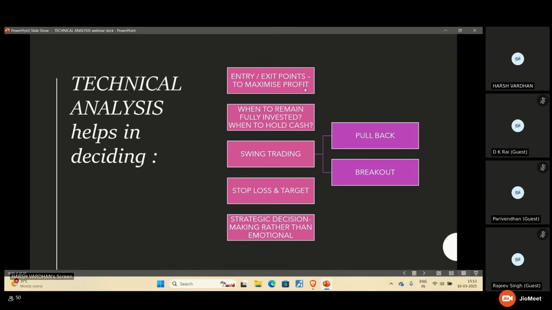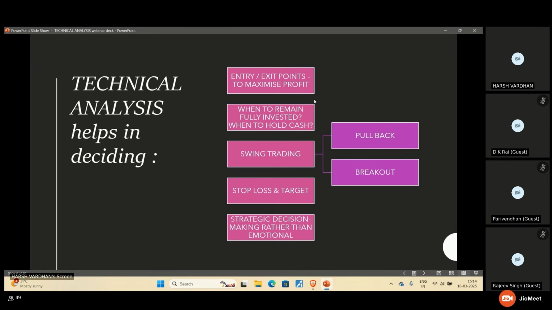Then we will learn about swing trading. There are basically two methods: pullback swing trading and breakout. We will learn about them. A pullback is when the market or a stock is in an uptrend, and then it forms higher highs and higher lows.